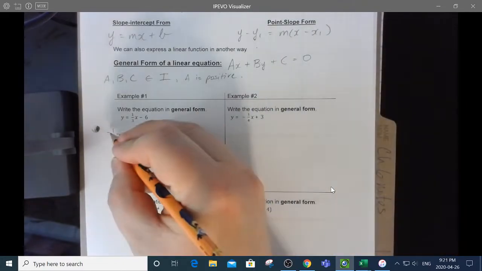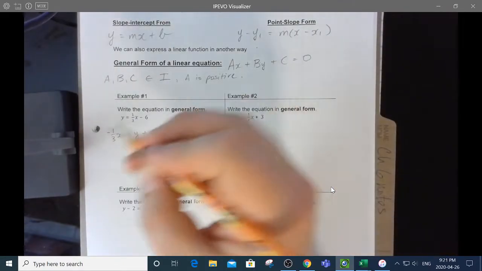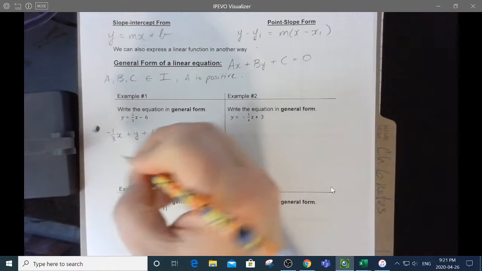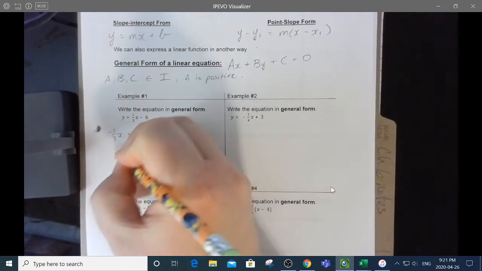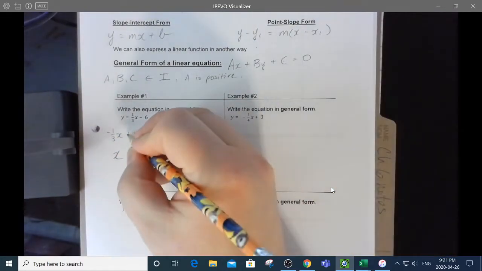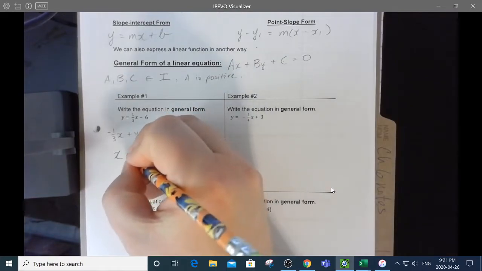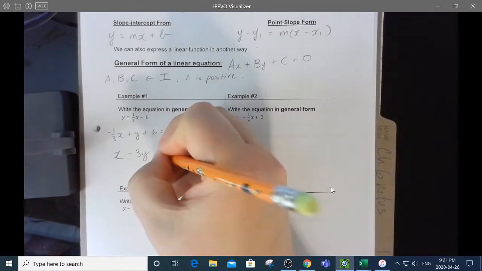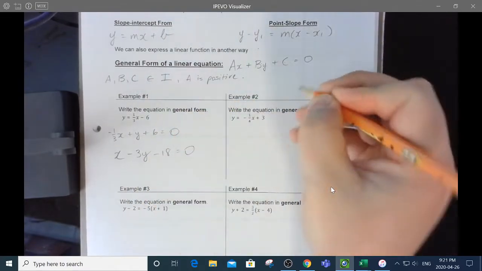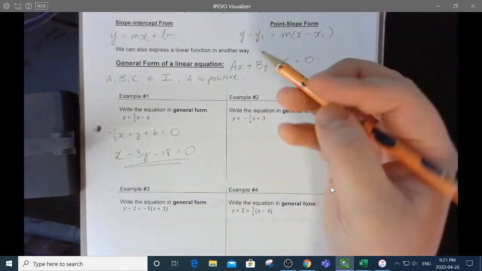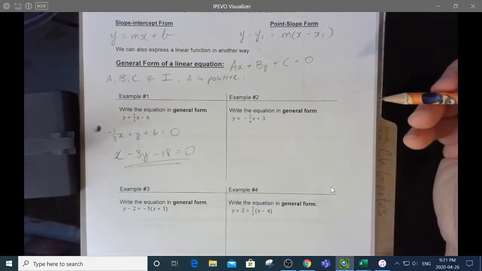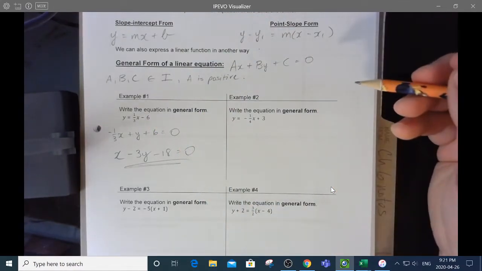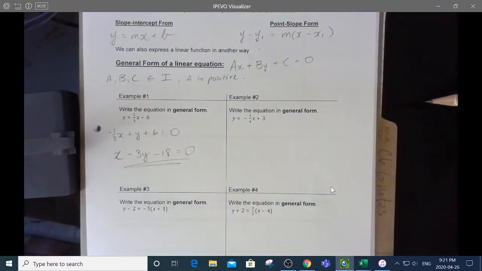Negative 3 times negative 1/3, a negative times a negative is a positive, and 3 times a third is 1. Negative 3 times the negative 1 in front of y makes negative 3y. And negative 3 times 6 is negative 18. And that is the same equation that it was up here, but it's now in my general form.